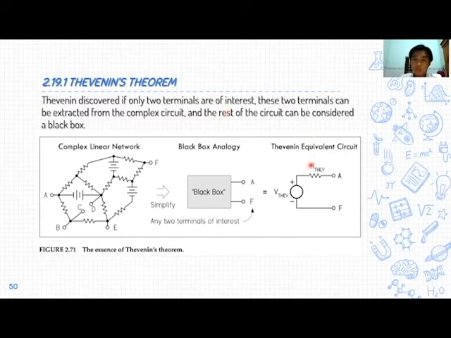If we have only two terminals of interest, we can treat the other components of the circuit like a black spot. Thevenin considers them as a voltage source in series with a resistance. Okay, so let's see how it works.